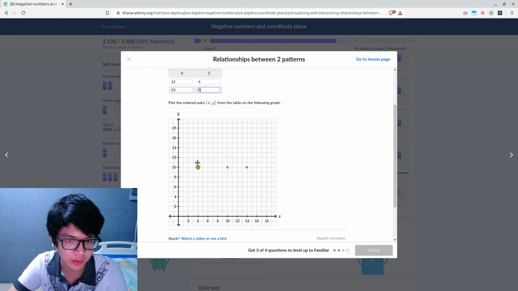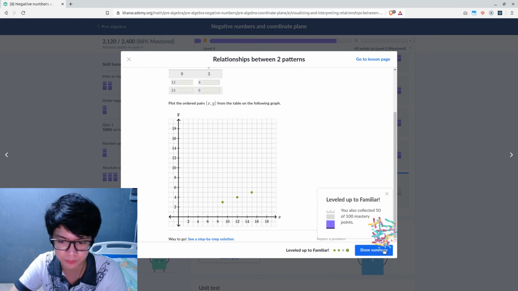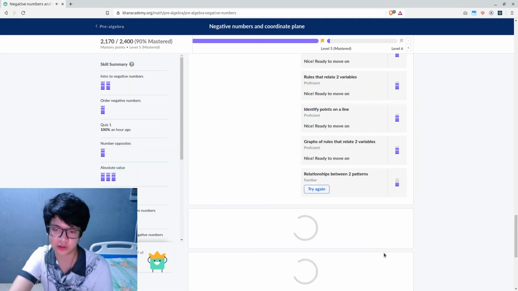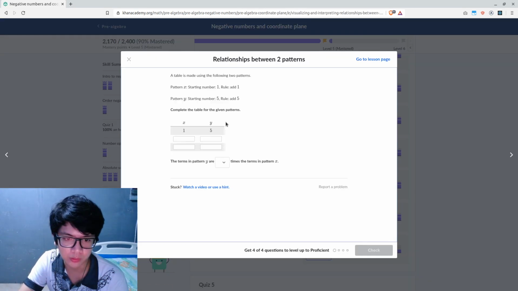Plot the ordered pairs x and we have 9, 3. We have 12, 4. We have 15, 5. Oh, okay. Okay, cool, whatever.